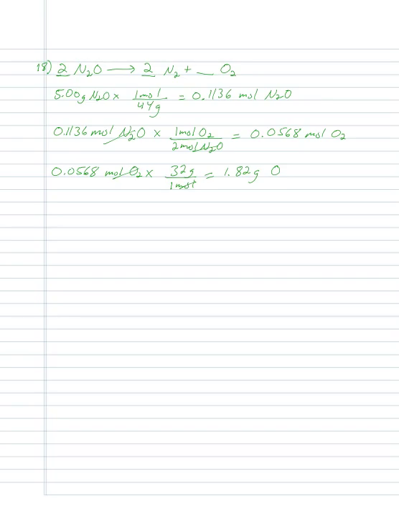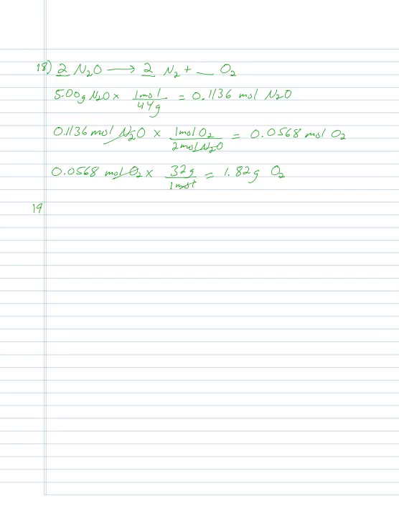All right, so we've got 5 grams of dinitrogen monoxide. So 5 grams times 1 mole per. That's going to be about 44 grams for the N2O. So we get 0.1136 moles of N2O.